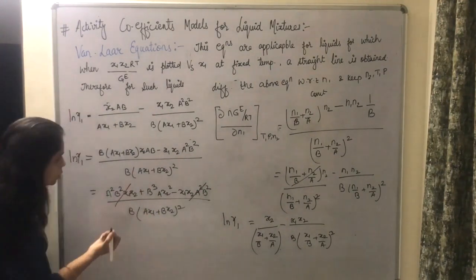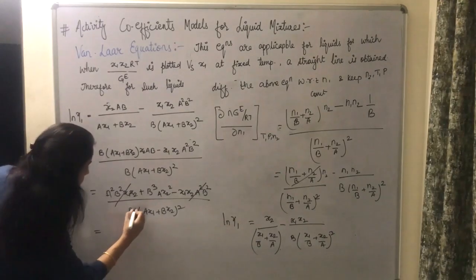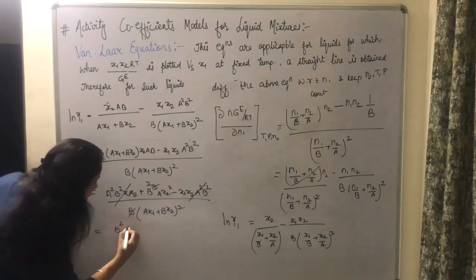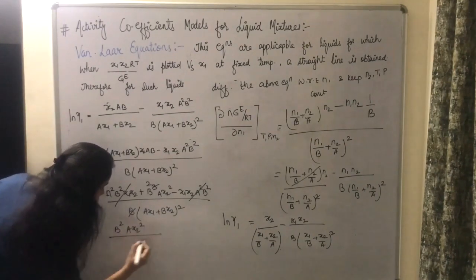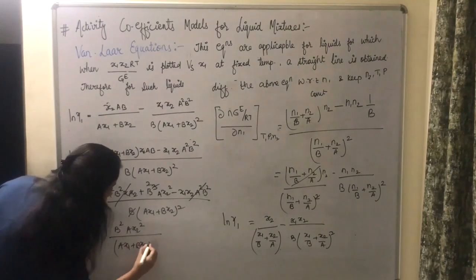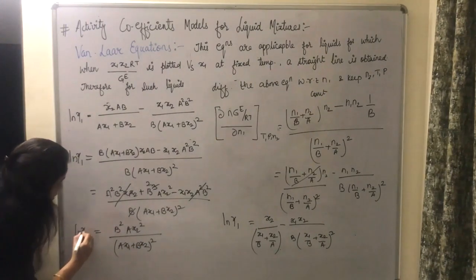So these two cancel, and this is b square. So here we have b square a x2 square upon (a x1 plus b x2) square. So this is ln gamma 1.